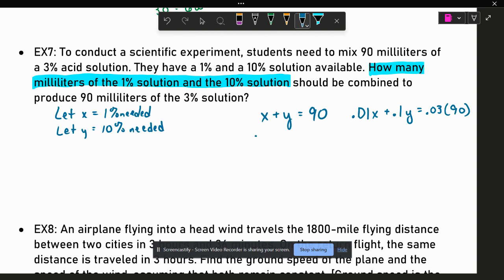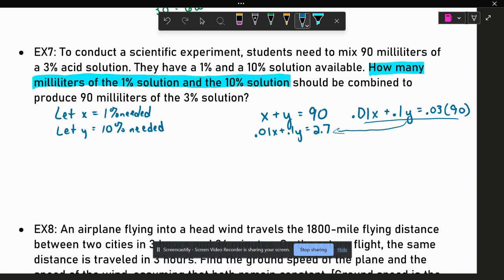Or if we simplify, 0.01x plus 0.1y equals 2.7. All I did is I took this equation and I simplified it here.